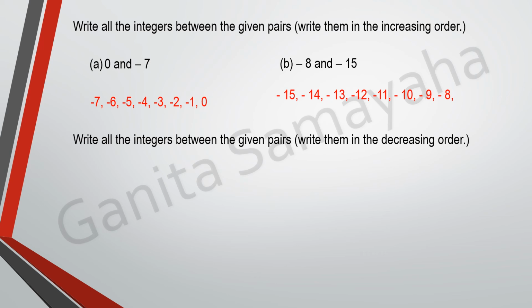Write all the integers between the given pairs in the descending order. So the first one is between -4 and +4. If we have to write in descending order, then should we look for the smaller number or bigger number, children? Bigger number, isn't it? Decreasing means big to small.